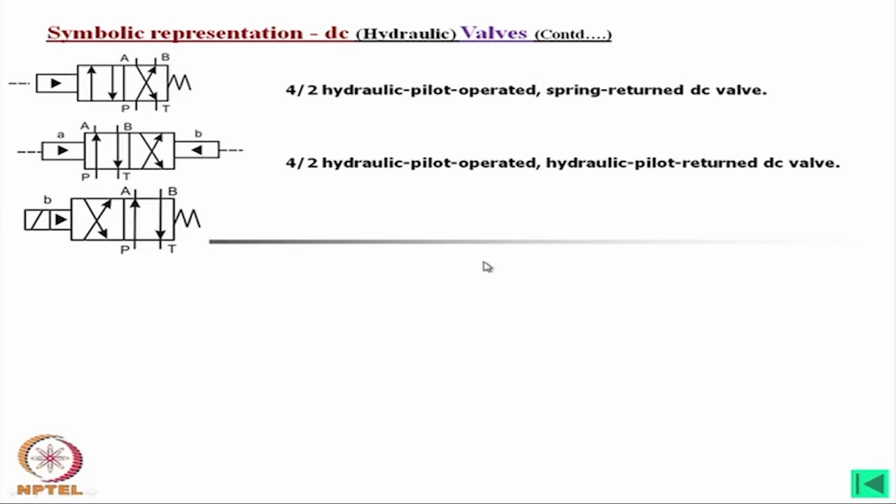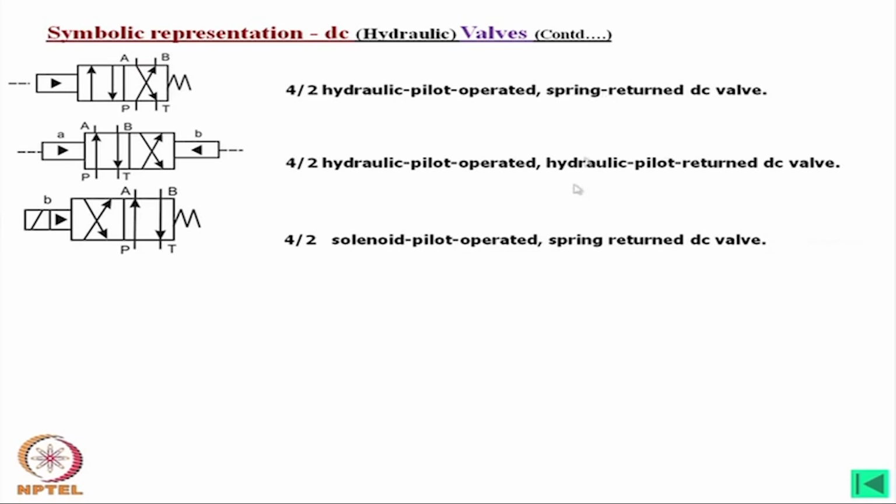Now, this is another valve. In this case, the first one and this third one are the same, but instead of this signal line, there is another block with an inclined slash. The name of this valve is 4/2 solenoid pilot operated spring return DC valve.